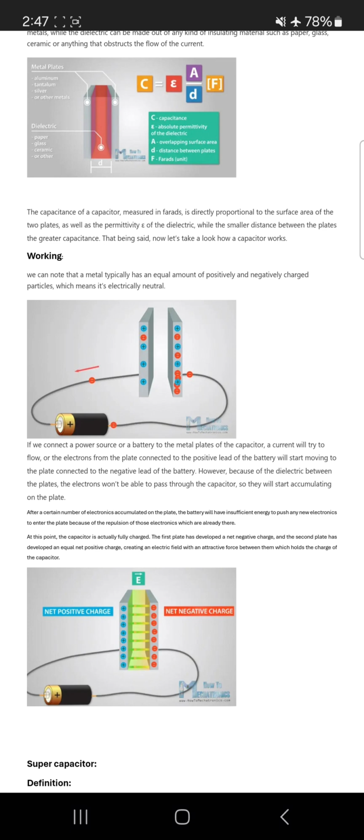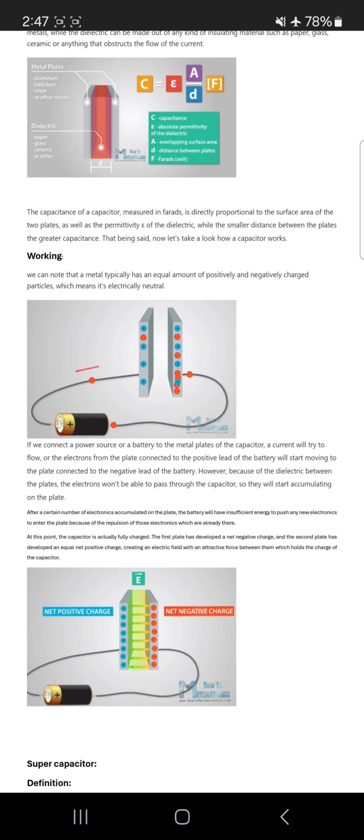After a certain number of electrons have accumulated on the plate, the battery will have insufficient energy to push any new electrons onto the plate because of the repulsion of those electrons which are already there. At this point, the capacitor is fully charged.